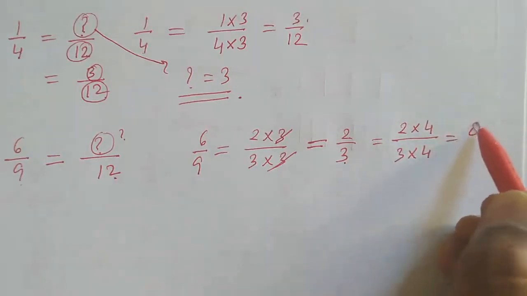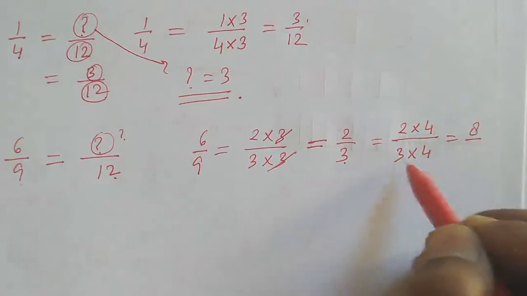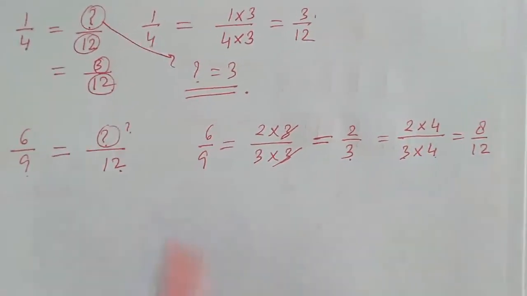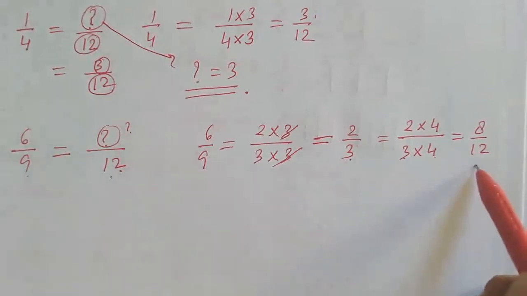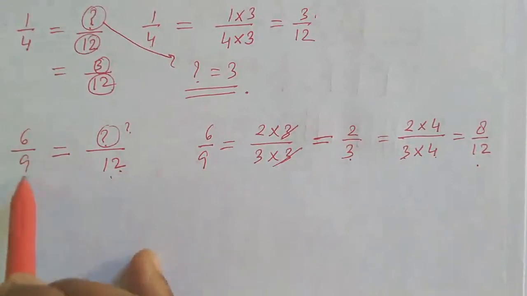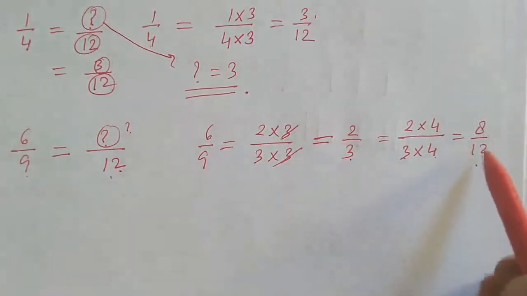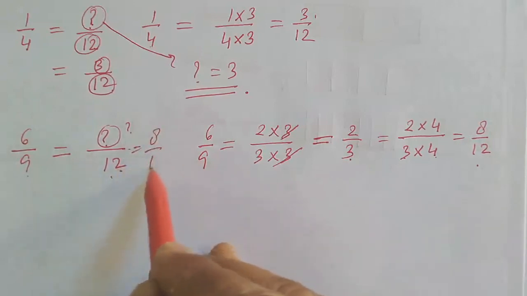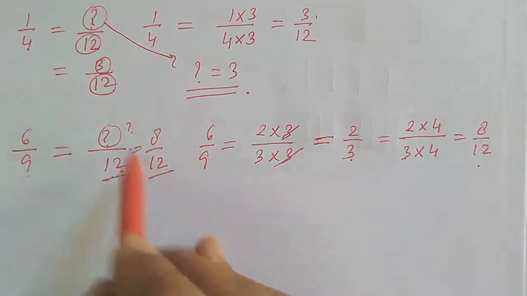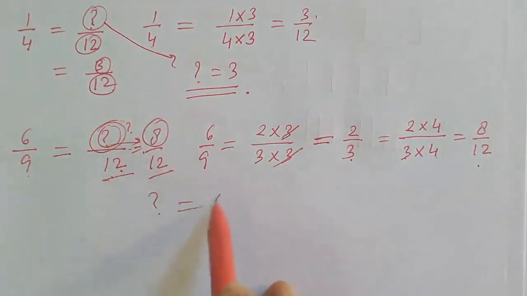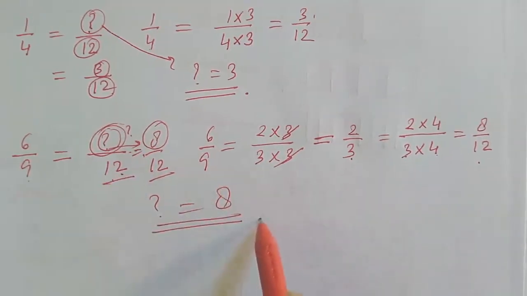So now this is 8, 2 4s is 8, and 3 4s is 12. Now as you can see, we have 12 here and we have 12 here, right? So 6 by 9 is equal to 8 by 12. So 12, 12. So it means that this unknown number is actually 8.